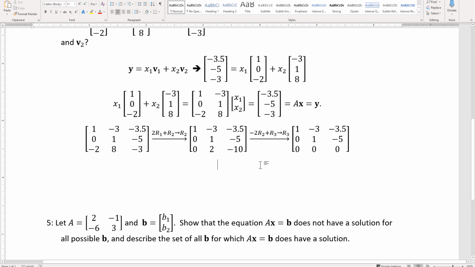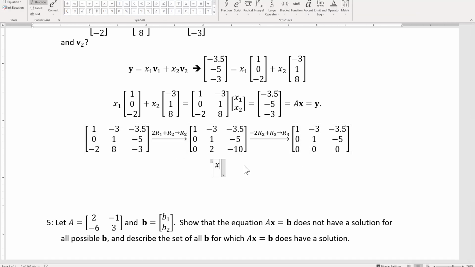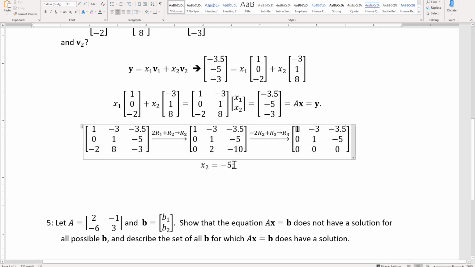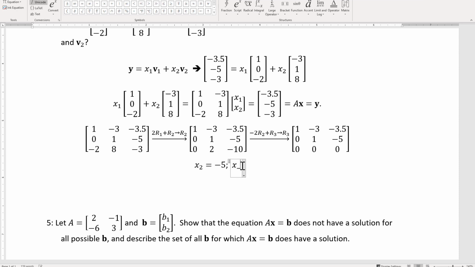By the second line over here, we can see that x sub 2 is going to equal negative 5. And then we have 1 times x sub 1. So x sub 1 minus 3, oops, let's make this into an equation. X sub 1 minus 3 times x sub 2 is equal to negative 3.5.